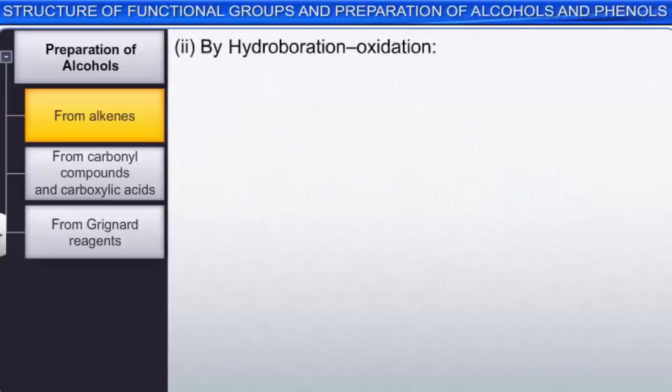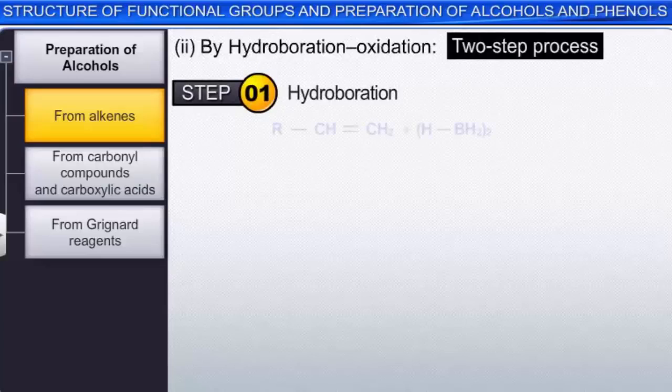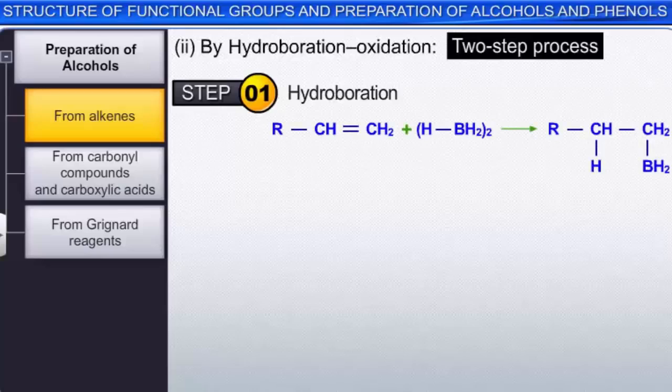A second synthetic route to prepare alcohols is by the hydroboration oxidation of alkenes. This can be summarized as a two-step process. First, the alkene reacts with diborane to form a trialkylborane compound.